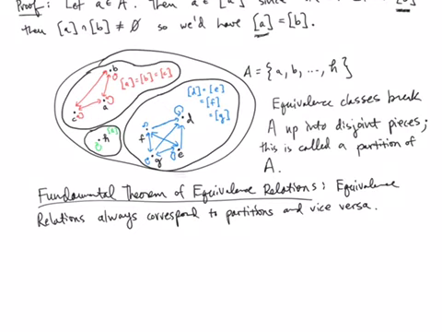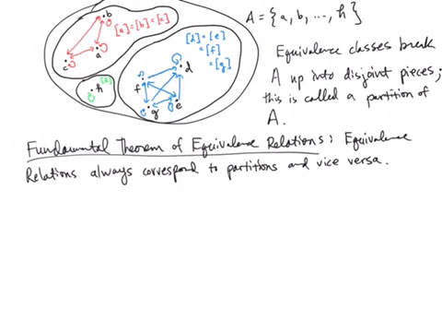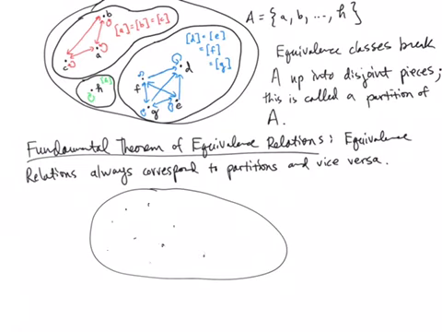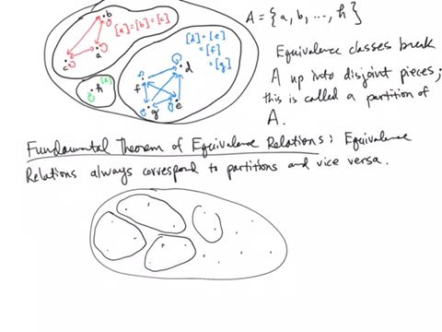That's going to create a partition, and conversely, if you have a partition of a set, so if you have your set A and it has a bunch of elements in it, and your partition might break up your set into a bunch of pieces, then the equivalence relation is just defined by saying that everything in a particular piece is related to each other.